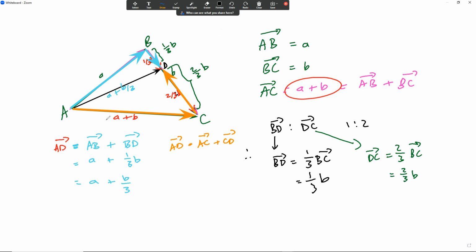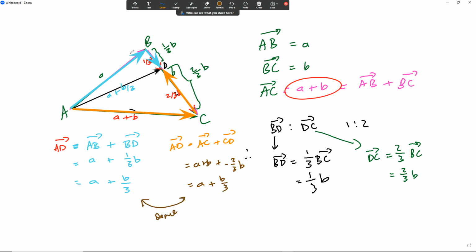Now remember, going from A to C, it's going to be A plus B. Going from C to D, you're going to go in the opposite direction, which is minus 2/3 B. So B minus 2/3 of B is a third of B. So it's A plus B over 3, and you can see they're exactly the same.